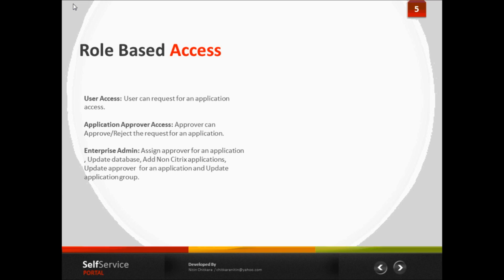The approver approves or rejects the request for an application. Enterprise admin: assign approver for application, update database, add non-Citrix applications, update approver for an application, update application group.